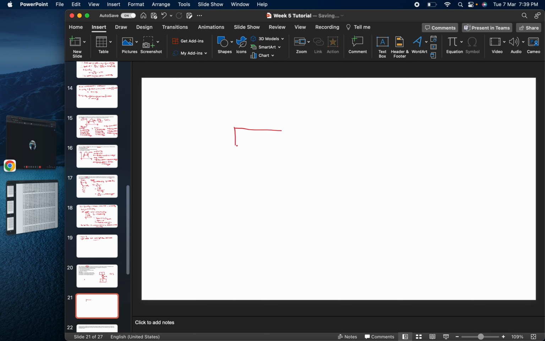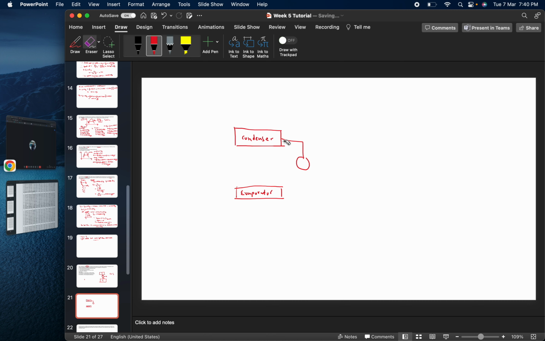So this is my condenser. This is my evaporator. Then here comes my compressor, and here comes my throttling valve.